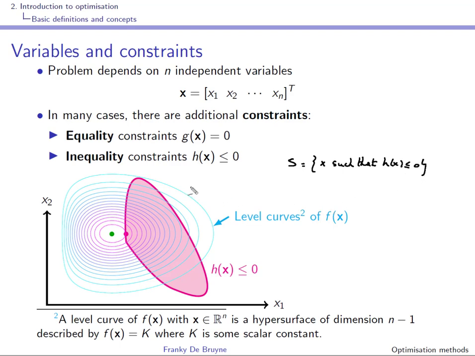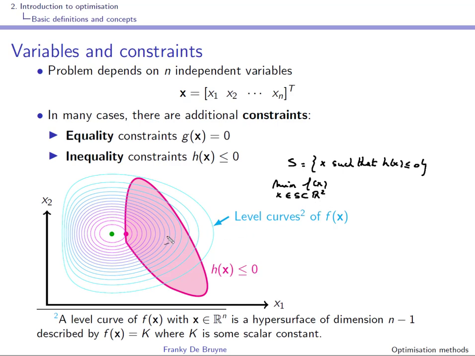Okay, and this constrained optimization problem with inequality constraints takes the form minimum of f of x, where x is in S, a subset in this case of R square.